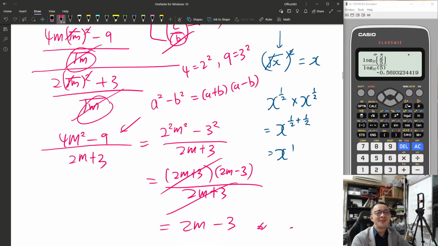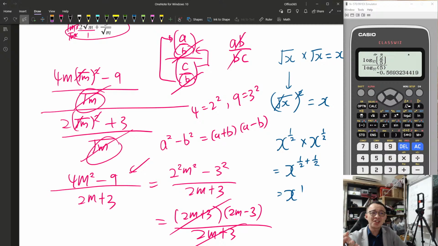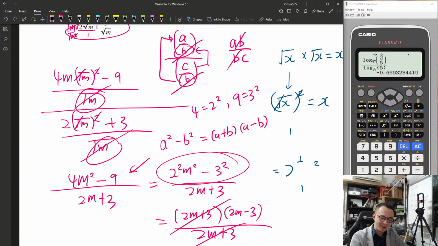Yeah. So if you start at the 4m square minus 9, you might not know how to continue. How can the 4m change into 2? You mean, no, I just changed the 4 into 2 square, which is not 2. Because some students might get stuck a little bit here, let me further explain it.